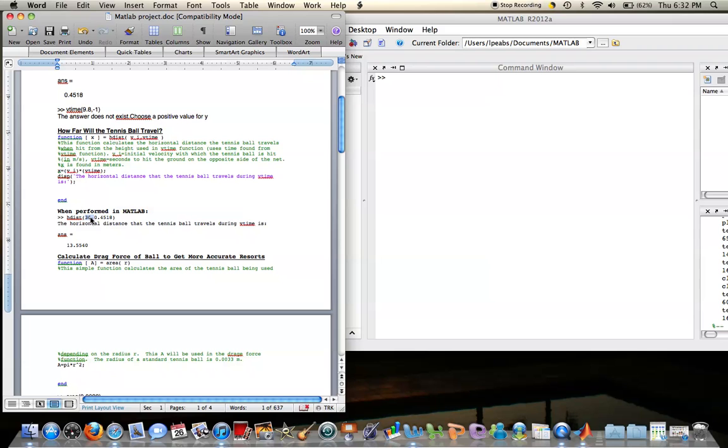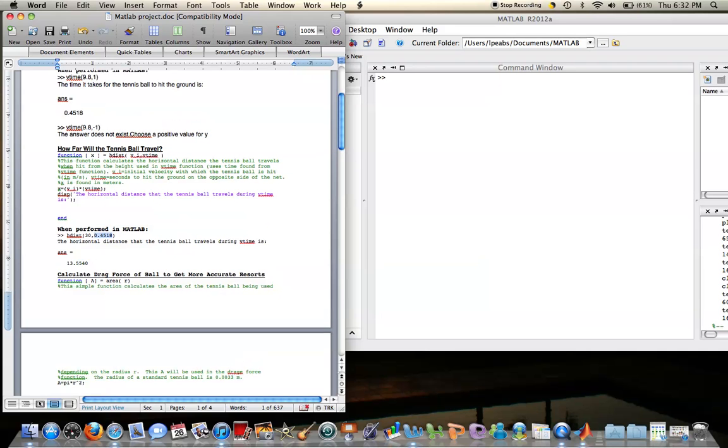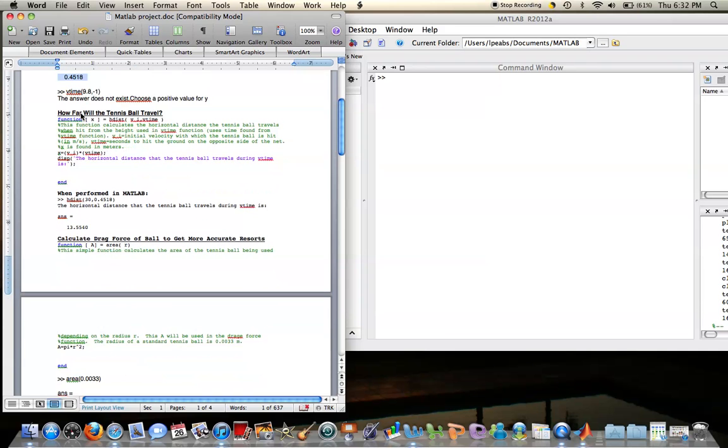Here I just said about 30 meters per second. That seems pretty typical. And then here is the time it took for the tennis ball to hit the other side of the net, which was calculated up here in the first function. So then it calculates the horizontal distance that the tennis ball travels during that time as 13.554 meters.